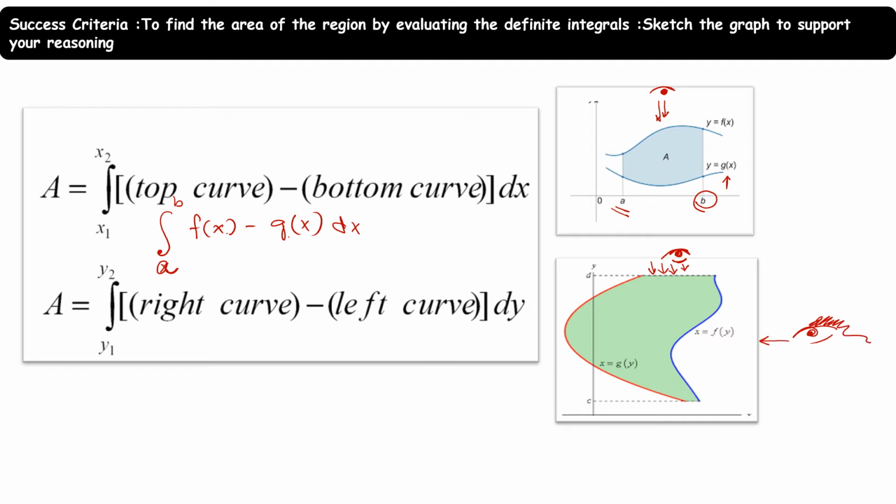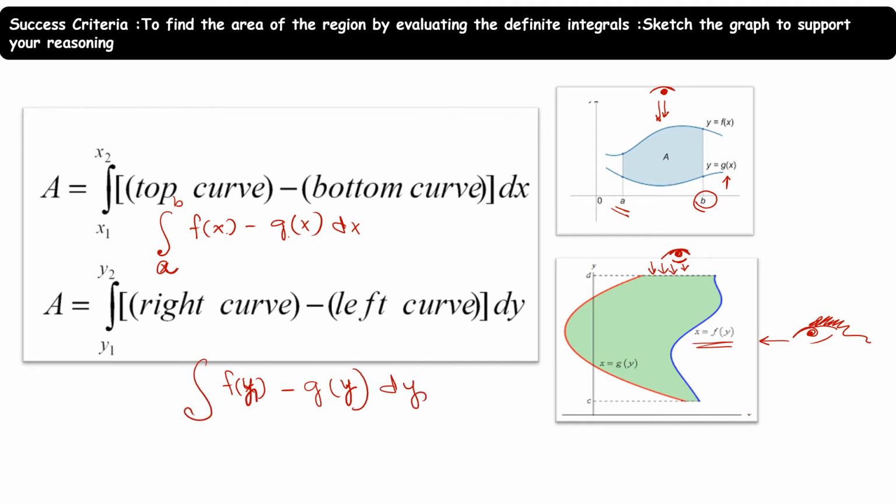Can you recognize what comes at the right side? That is x equals f of y. So that is f of y minus what is on the left side. On the left side you have a red curve, and the name of this curve is g of y. Now since we are writing y, we will write dy.